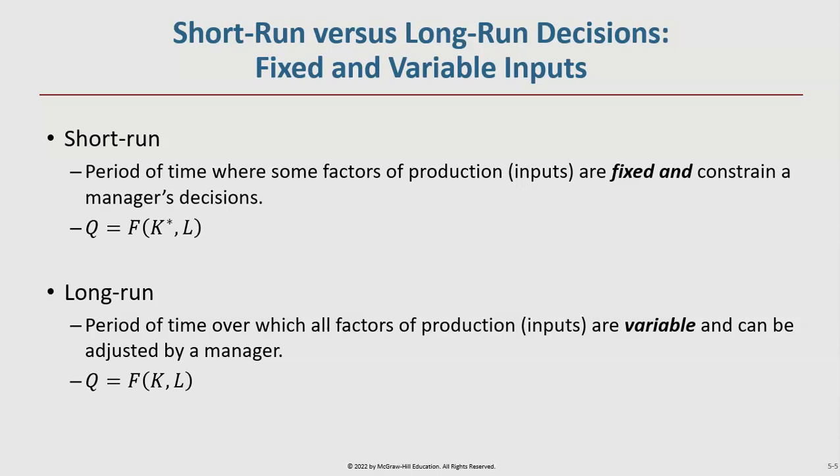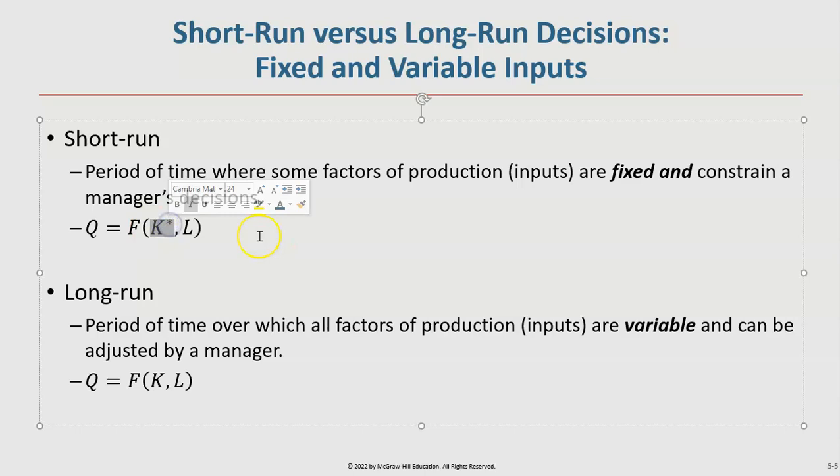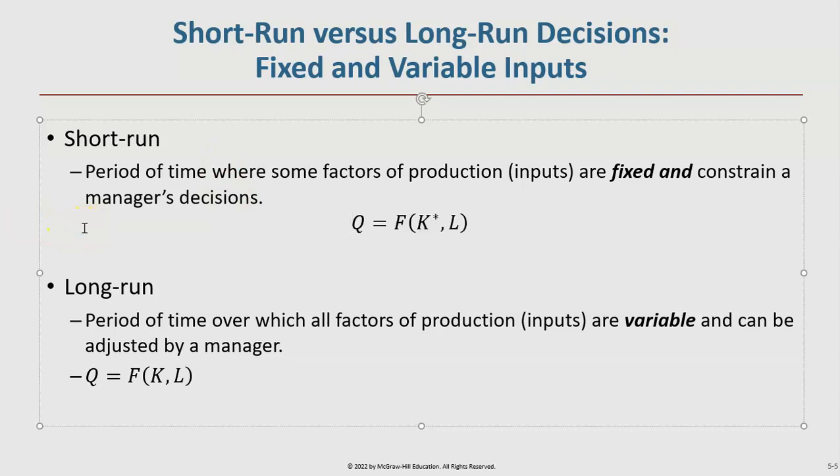In the short run, the short run is a period of time when some factor of production is fixed. Okay, so the notation the book uses is a superscript star to indicate the fixed factor of production. And typically, the factor of production that is fixed is capital.